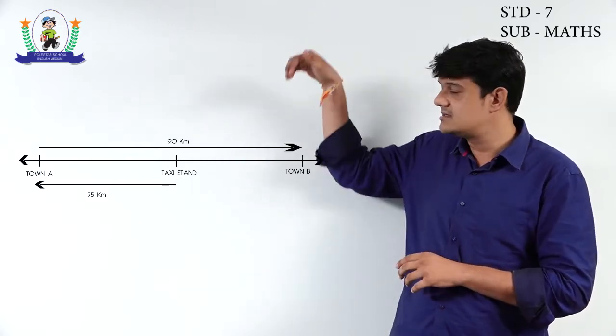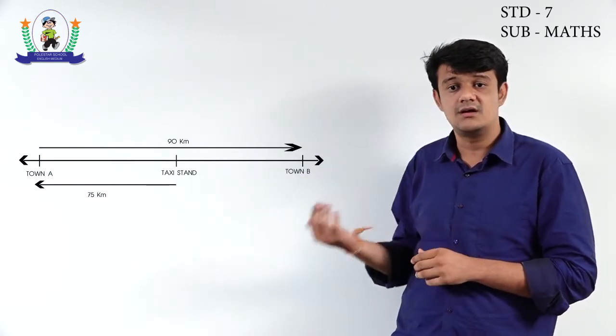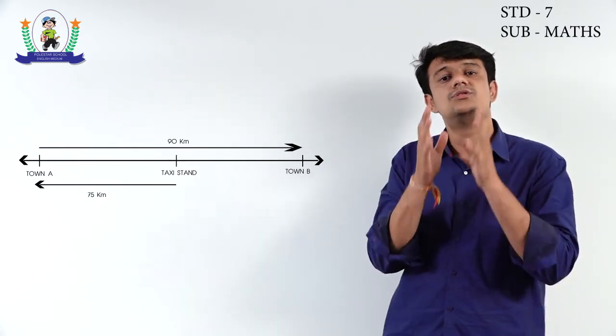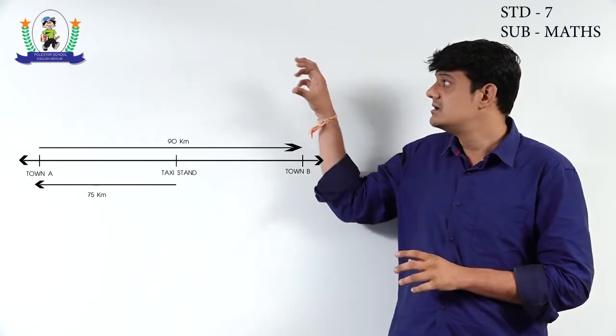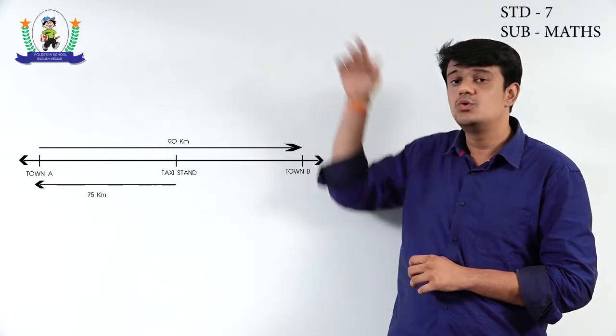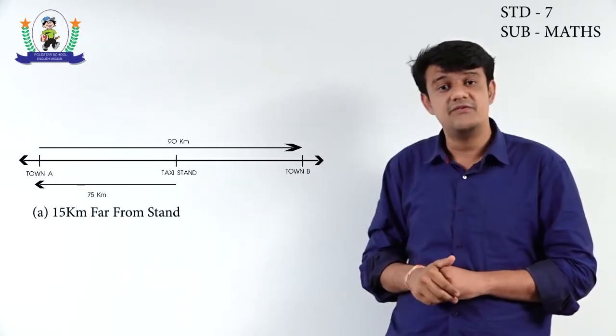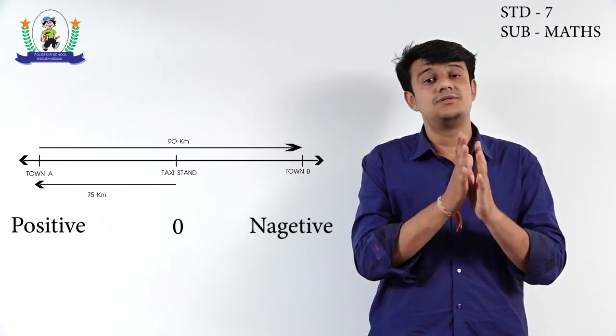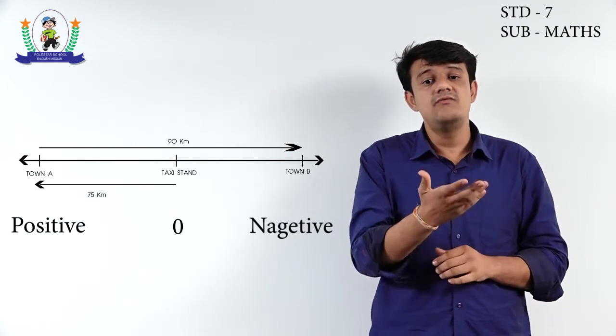Definitely we can say that in this direction he went 75 kilometers and in the reverse direction he went 90 kilometers. So the difference between them represents the distance from the point to B. So that represents 15.